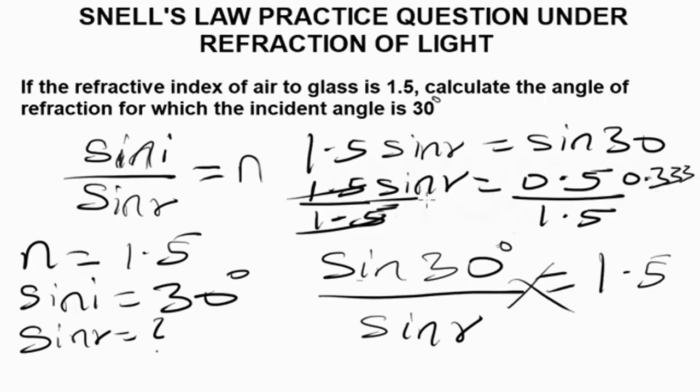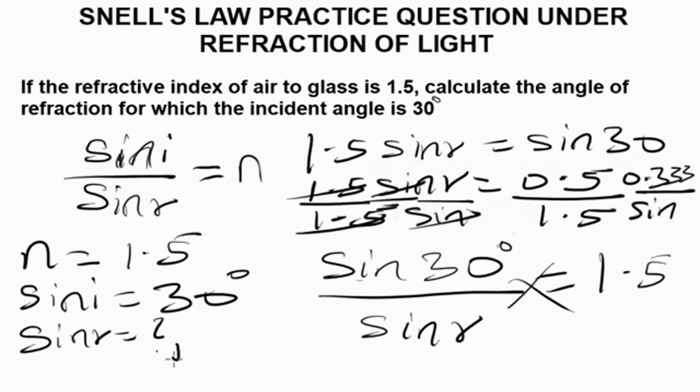At this juncture, remember we are looking for the value of R, the angle of refraction. To do that, you divide both sides by sine to get the value of R. So this sine cancels itself.